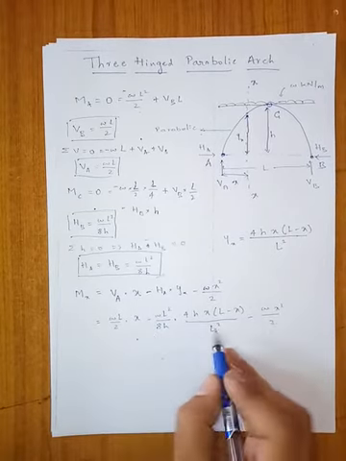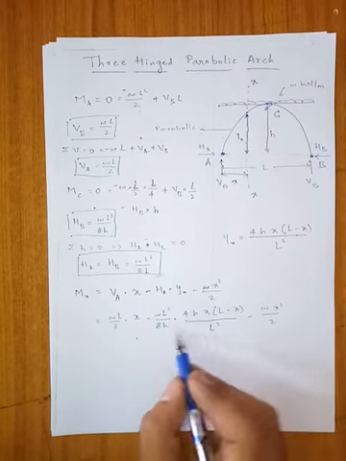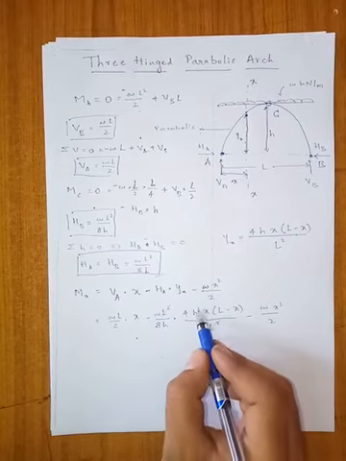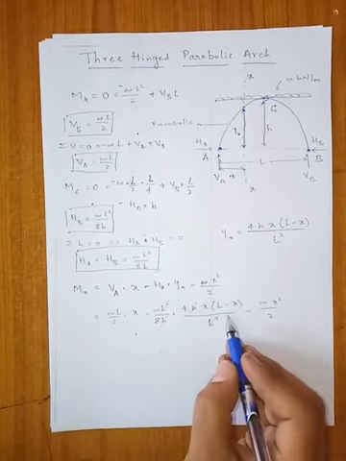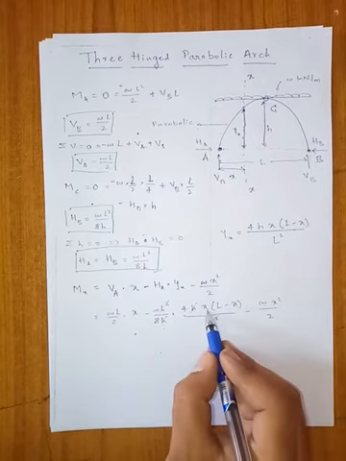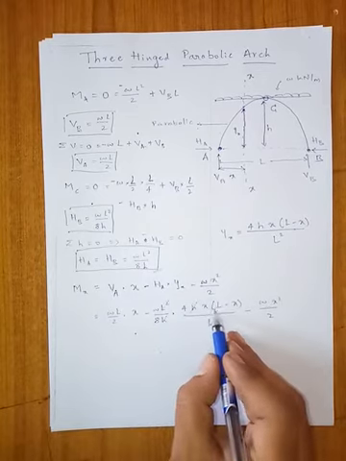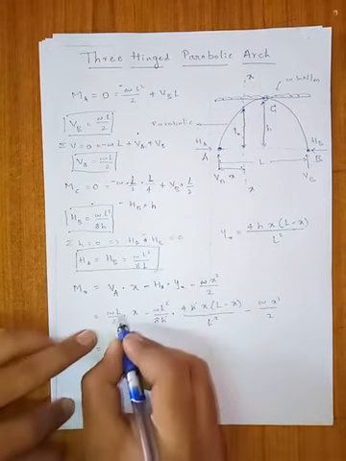In this middle term, we have L square in the numerator and L square in the denominator, both cancel out each other. We have h in the numerator and h in the denominator. Now we will simplify: Wx into L and x, that is Wx square. So what do we have here?